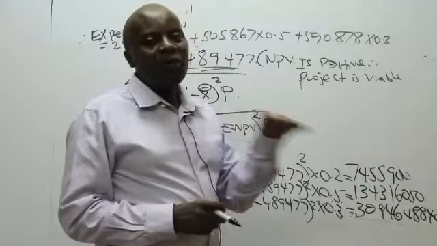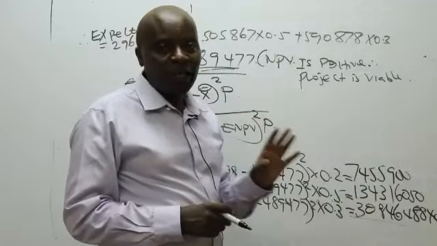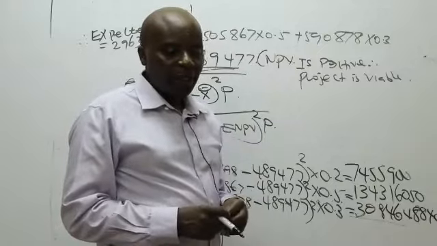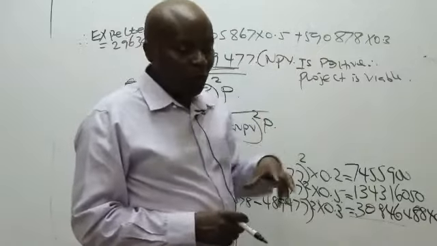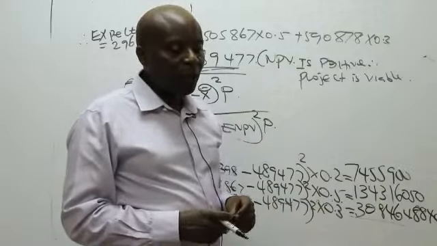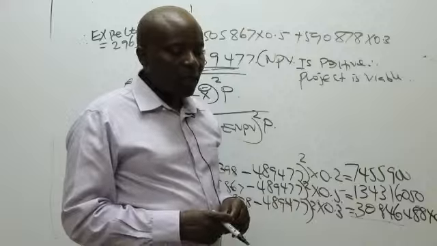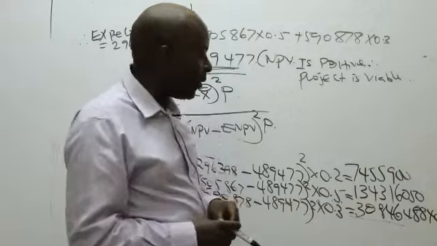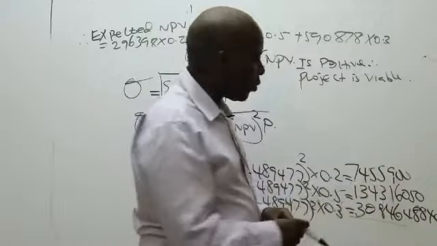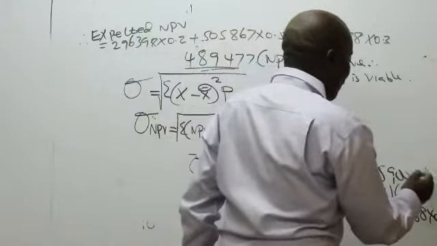The moment you get yourself having X bar being different between the figures, please run away from that question because you are doing the wrong thing. It has to be the average of the whole project. So John Kamau, are we together there? The first one I'm being told is wrong. It's supposed to be 74,55,900,048. Quite a huge number.